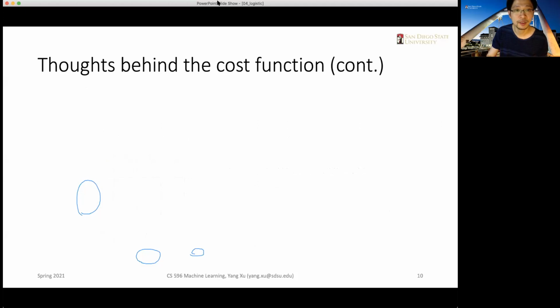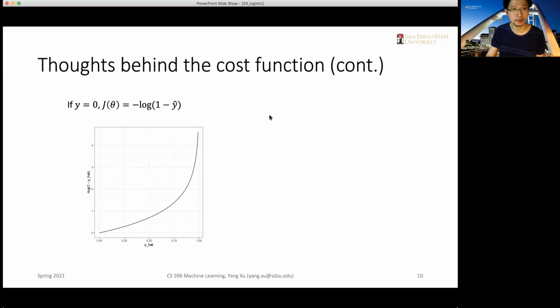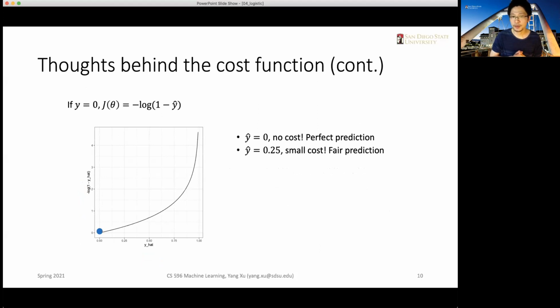Okay, if it's on the other side, when the ground truth is 0 and the cost function is the negative logarithm of 1 minus y hat, then it's basically the same thing. When y hat is 0, that's exactly what we need to predict. Then the cost is small, it's 0, no cost. If the prediction is not perfect, then the cost is also a small one.